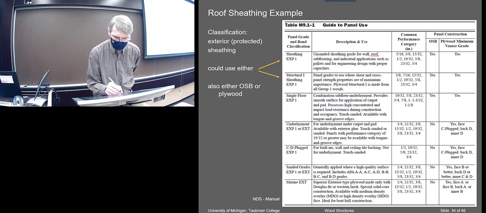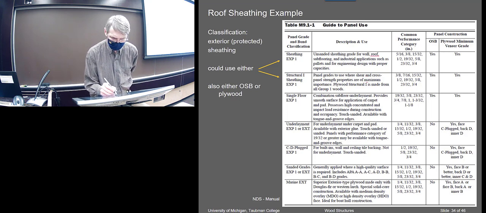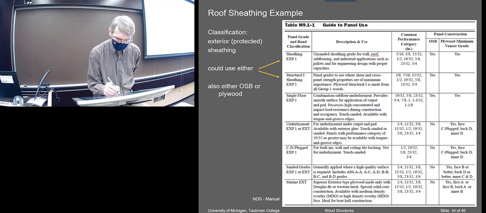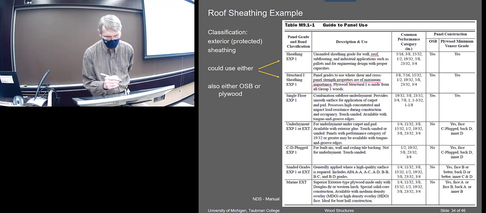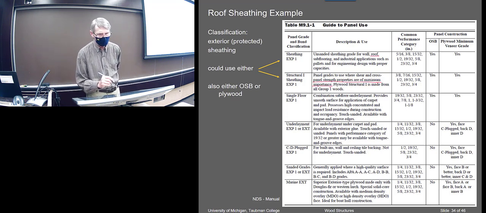Structural 1 sheathing, shear and cross-panel properties are of maximum importance, plywood made from group 1 wood. So it does have to have the strength. So those two, I think, work.